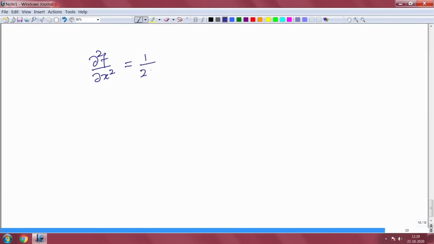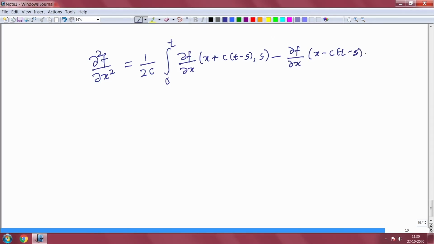So, just to get 1 by 2c, integral 0 to t, same thing, del f by del x, plus c (t minus s), minus del f by del x, minus c (t minus s), ds.